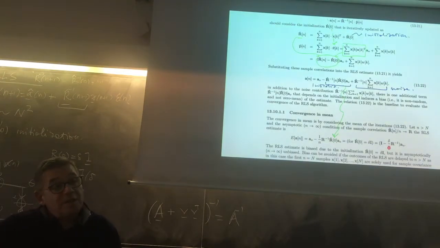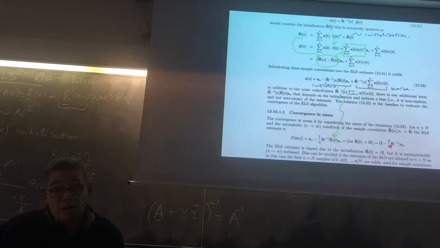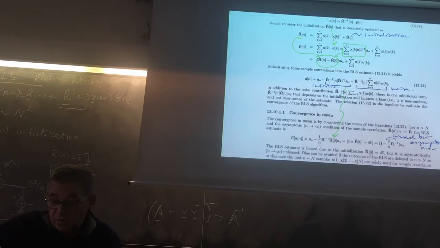So if n is large enough, this term disappears. So the RLS is biased, but asymptotically, for n going to infinity, it is unbiased.